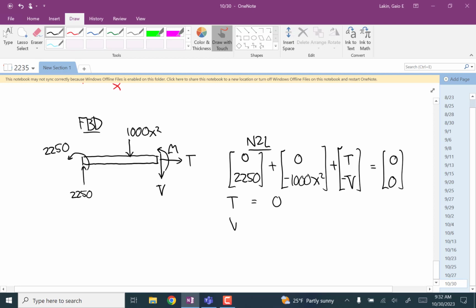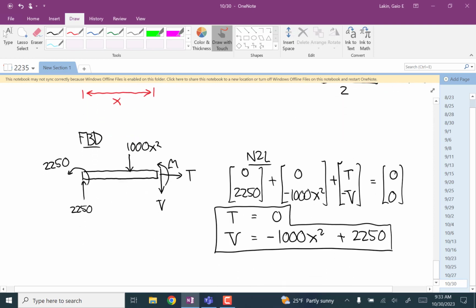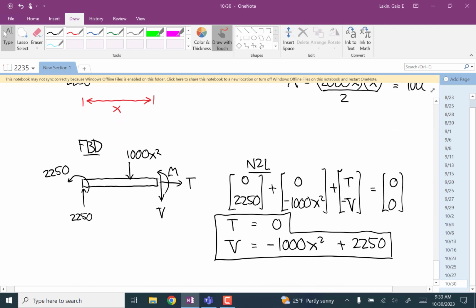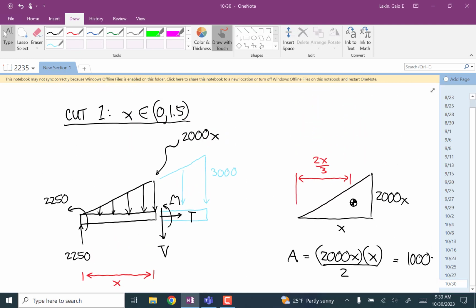So t is 0. V is equal to negative 1,000 x squared plus 2250. And so negative dV dx is 2,000x.